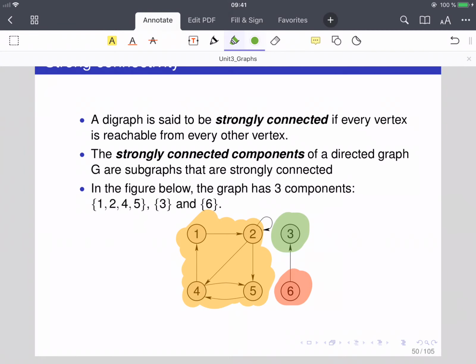If we have a very small graph and it is not directed, it is very easy to see from the diagram whether it is connected or not, because we clearly can identify the different connected components, okay?